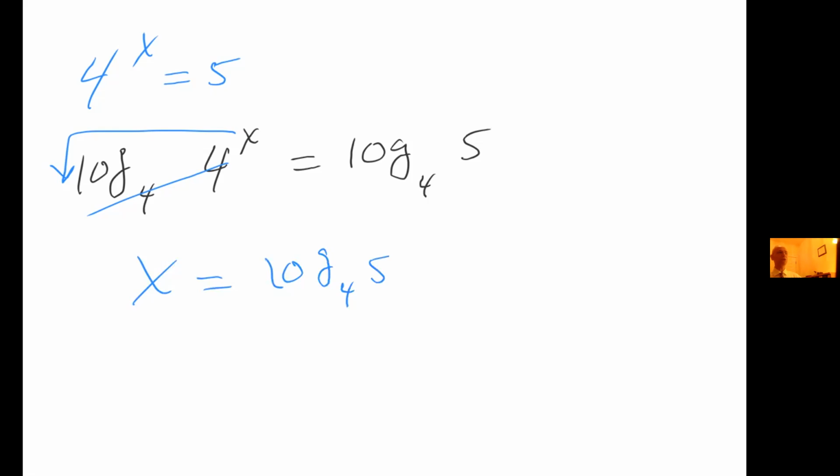But if you wanted to have some decimal and your calculator doesn't do log base 4, what could you do? Let's go to the next page. Suppose I need to know some decimal value for this. Let me go again to 4 to the x equals 5.